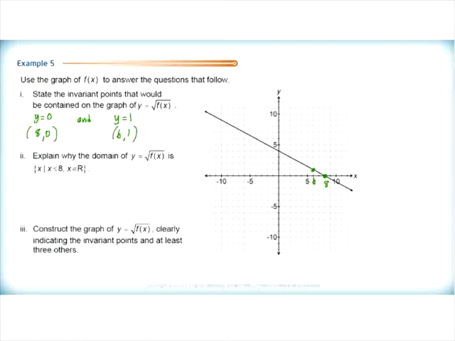Now we're asked to explain why the domain of y equals the square root of f of x is x such that x is less than or equal to 8 and x belongs to the set of real numbers. In the case of f of x, in order to find the square root of anything, the square root of f of x has to be greater than or equal to 0.